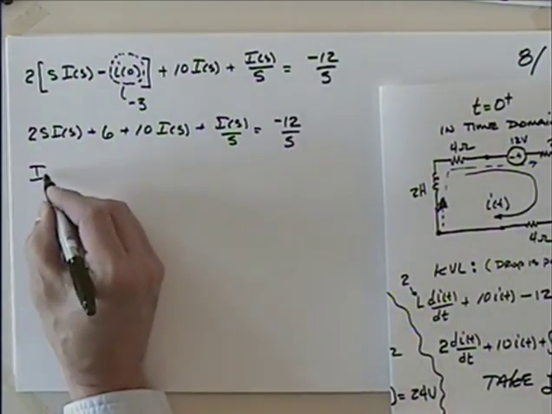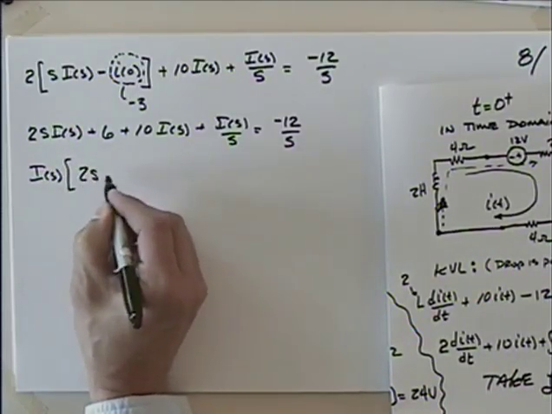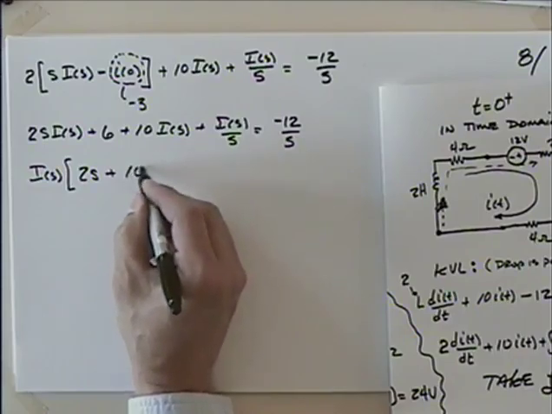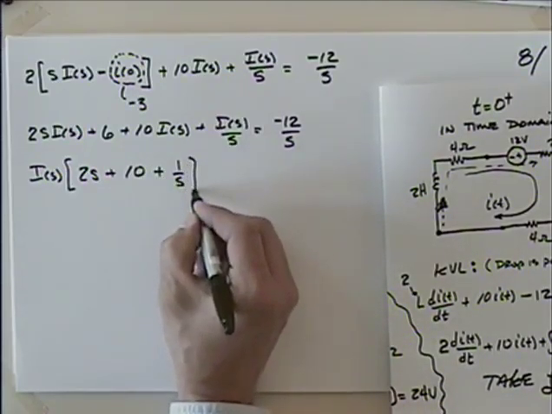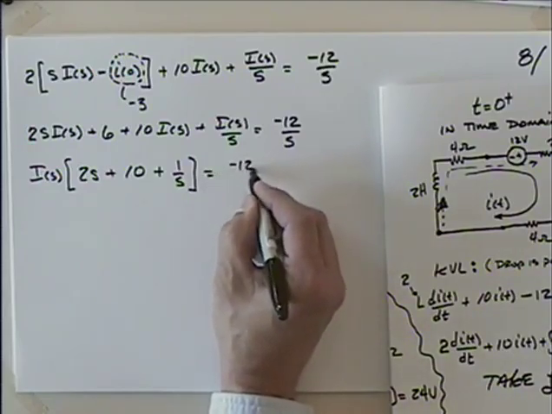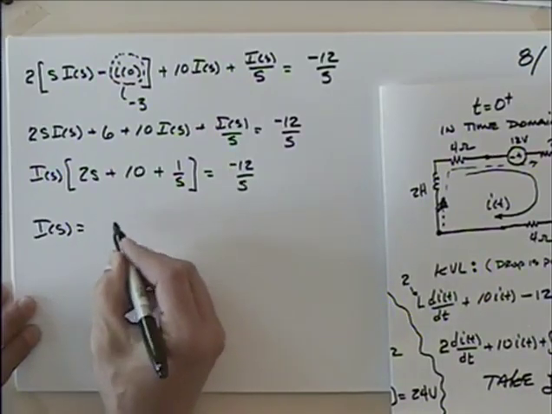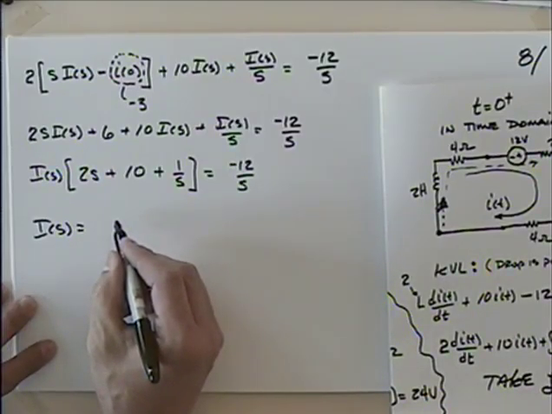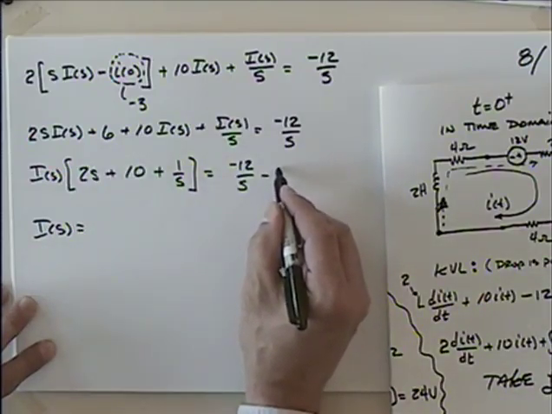So factor out an I of s in here, and we have 2s plus 10 plus 1 over s is equal to minus 12 over s. So I of s is equal to, yeah, this should be minus 6, shouldn't it?